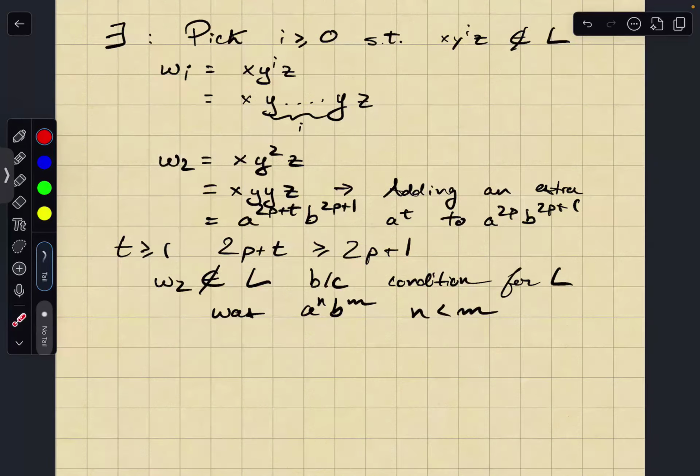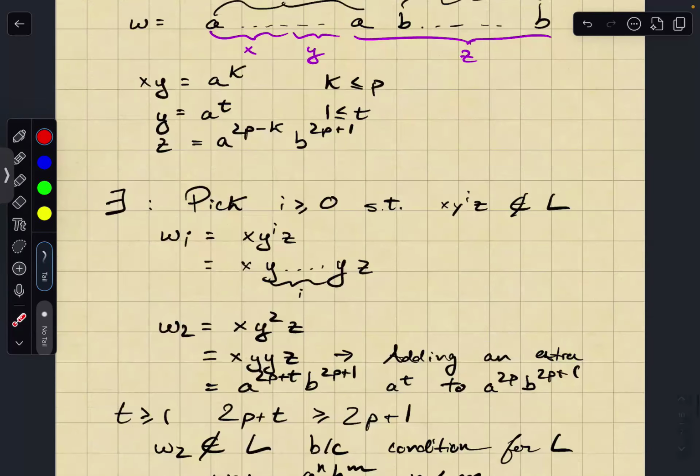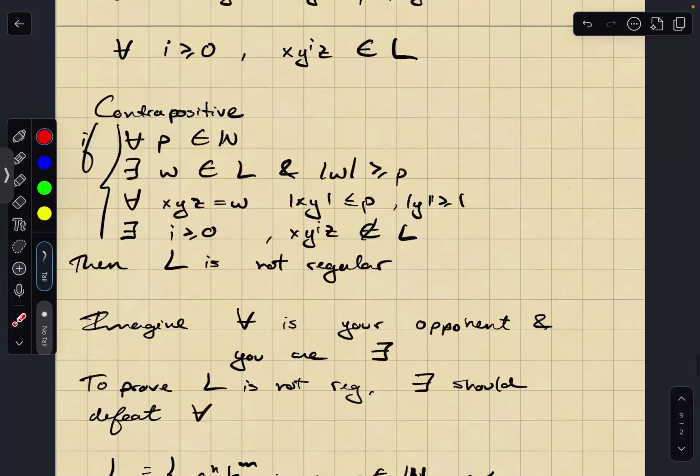But now I no longer have n strictly less than m. I have p plus t greater or equal to p plus 1, where p plus t is the exponent for a, and p plus 1 is the exponent for b, right? So now I was successfully able to find an i for which my pumped string is no longer in the language, and so that means that I satisfy this statement.